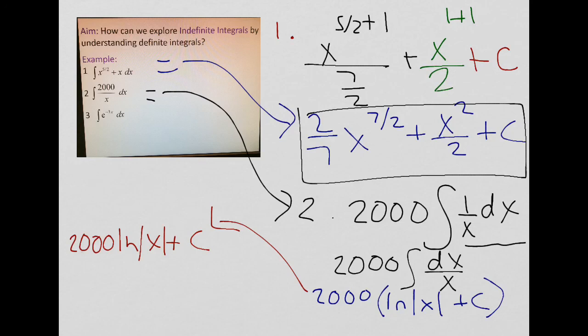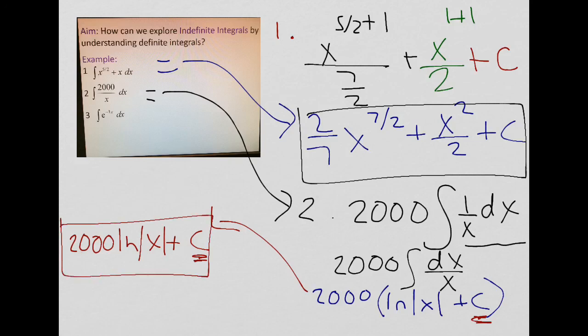Don't worry, I didn't just throw it out the window. It's there. If it's 2,000 times 1, it's 2,000, a constant, c. If it's 2,000 times 5, then it's 10,000, and it's still a constant c. So that's our answer for number 2.